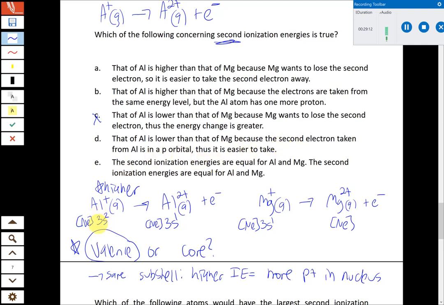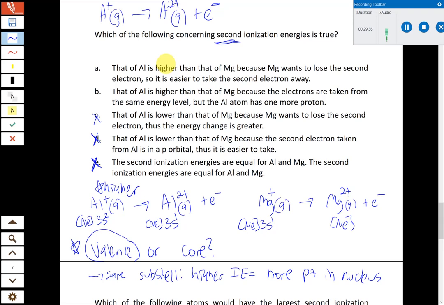That's not true. The second electron from aluminum is already in an s orbital, so that one's wrong on both accounts. Choice E, the second ionizations are equal. They don't have the same number of protons, so there's no reason to expect them to be equal. So that one's wrong. And then if we look at choice A and B, both of these have the second ionization energy of aluminum being higher, which is our expectation because it has more protons.